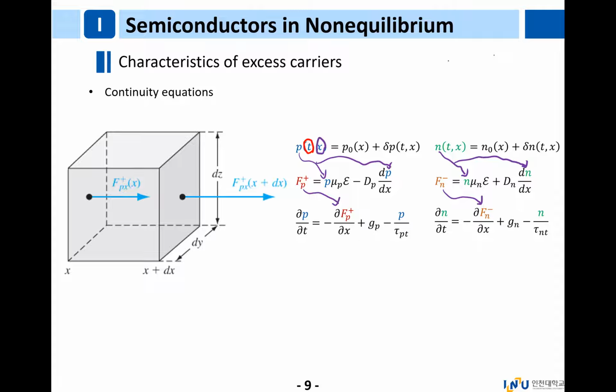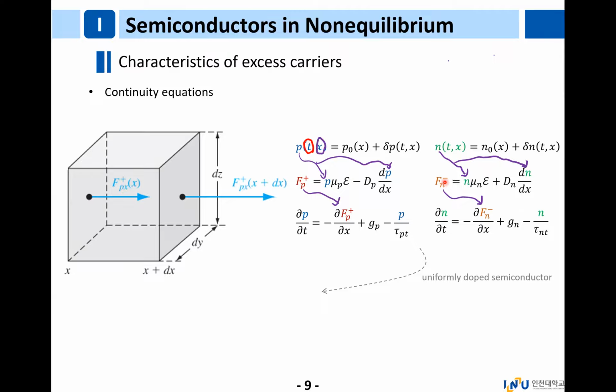So to simplify, let's just assume a uniformly doped semiconductor. So originally, the concentration of P0 and N0 could vary with position due to varying doping levels. However, assuming a uniformly doped semiconductor would treat them as constant.